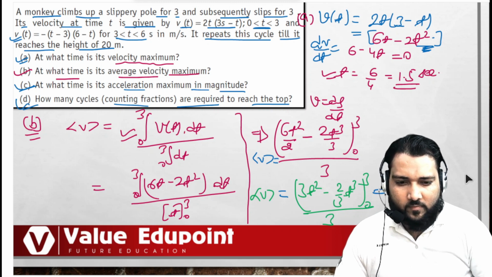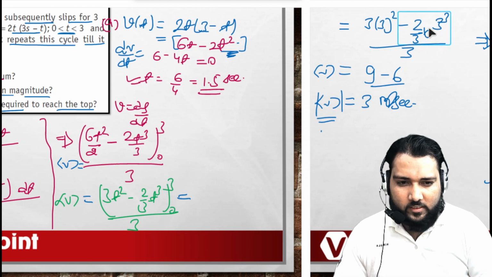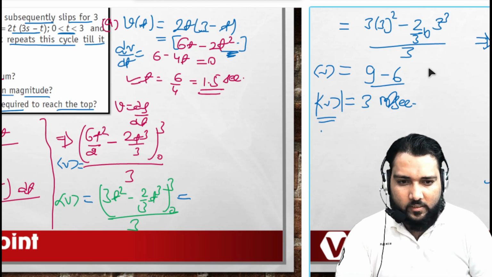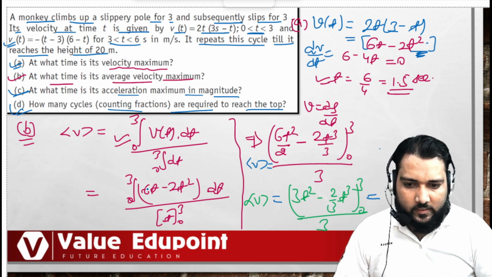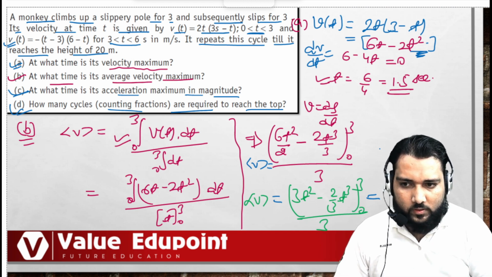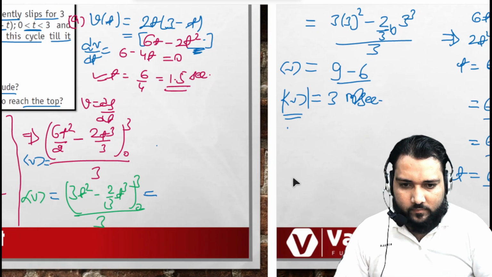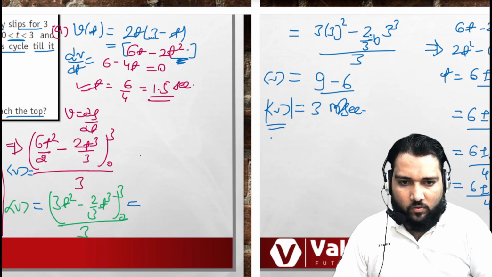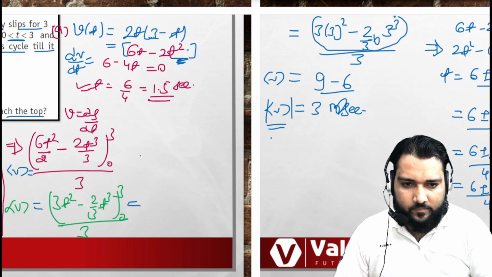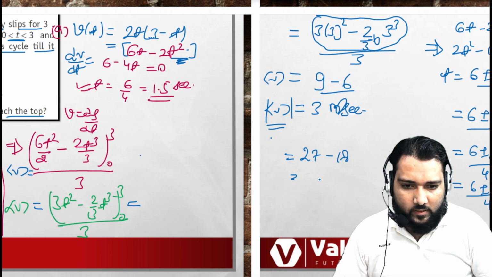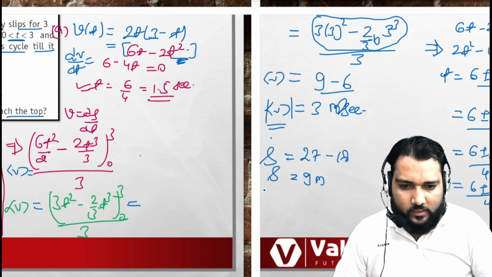You can see in this expression, we have already calculated it. When you solve this, it comes out to be 27 minus 18, that is 9 meters. This is the distance for 0 to 3 seconds.